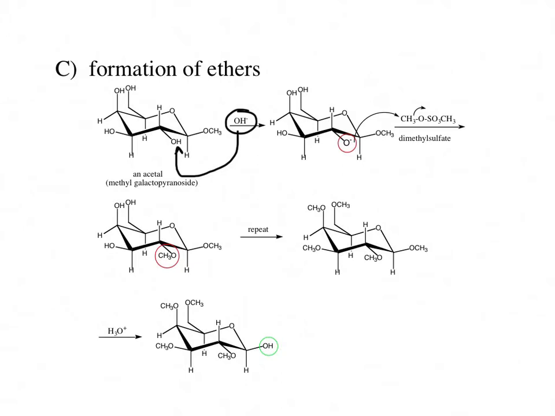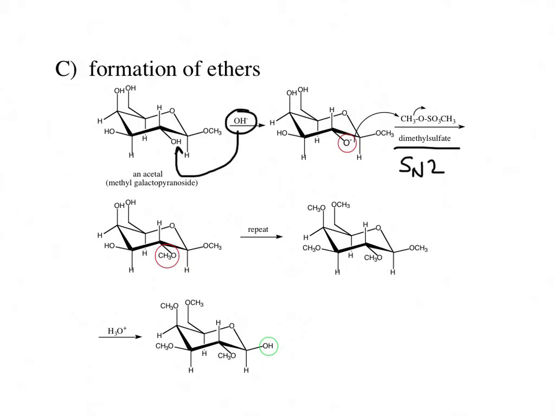And then you treat it with an alkylating agent. This is a methylating agent, dimethyl sulfate. And so the O- attacks dimethyl sulfate in an SN2 reaction, kicks out a leaving group, and I have added a CH3 to that oxygen. And then you do it again and again and again.